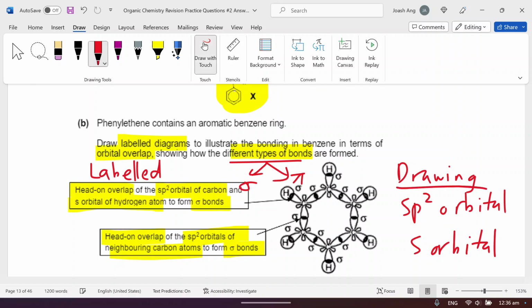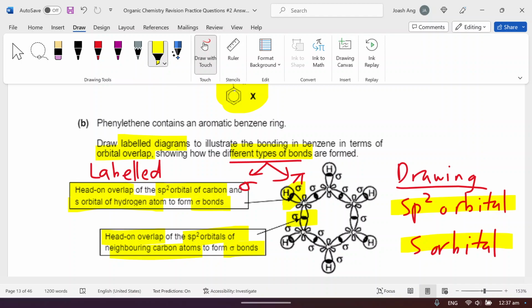The annotation is such: we have to state that there's head-on overlap between the sp2 hybrid orbitals of carbon and the s orbital of hydrogen to form the sigma bond, which is right over here. Then there's head-on overlap between sp2 orbitals of carbon atoms to form the sigma bond over here. In the drawing, I must see these two orbitals, sp2 and s orbital.